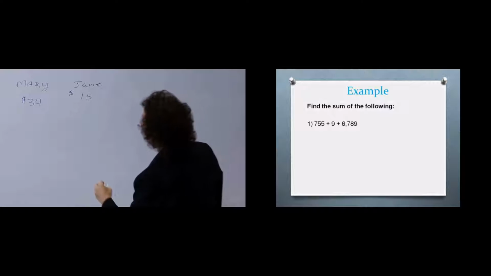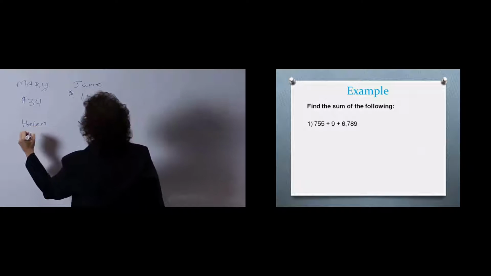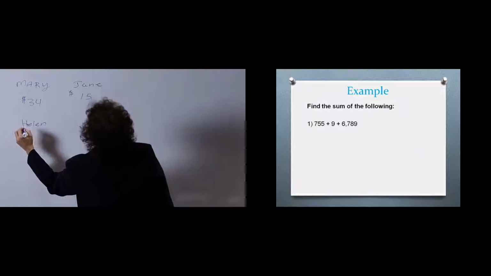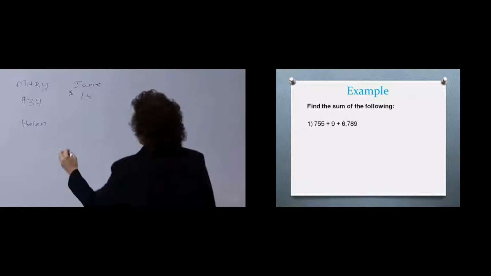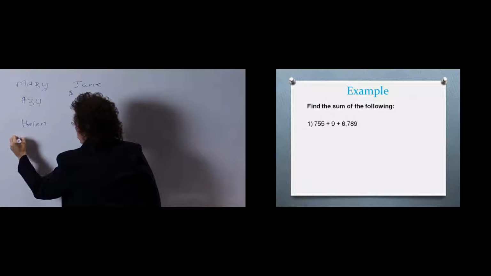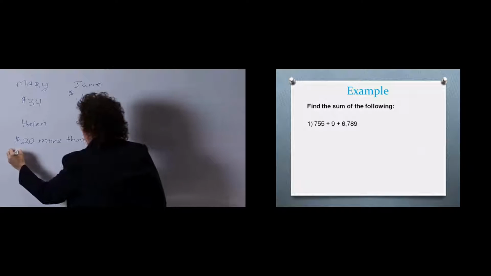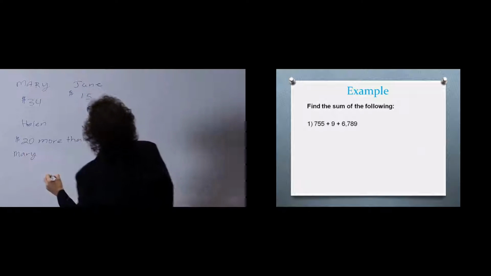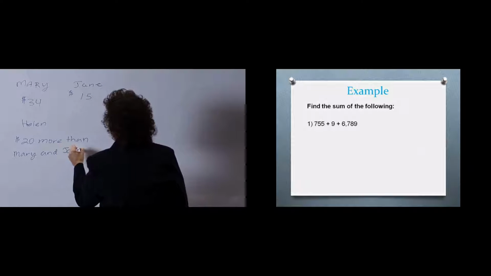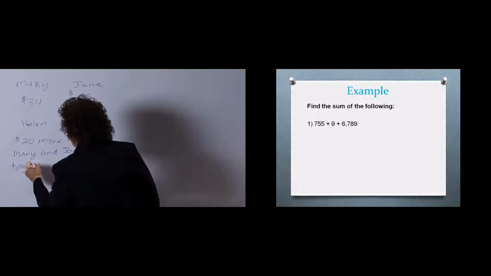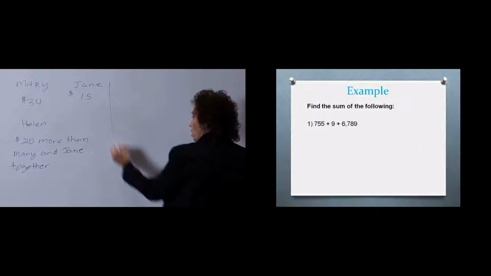Then we have Helen, and Helen has $20 more than Mary and Jane together. Wow. Helen's lucky. Anyway, and then we want to know the total of all three girls.